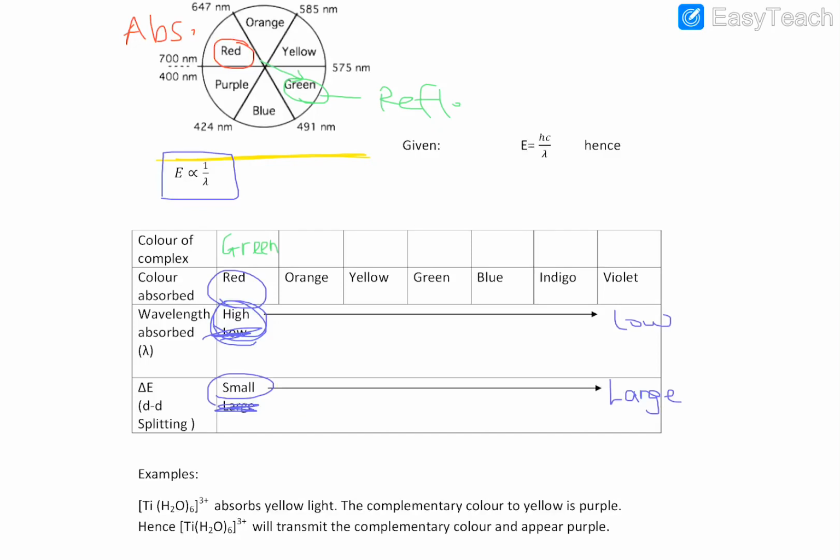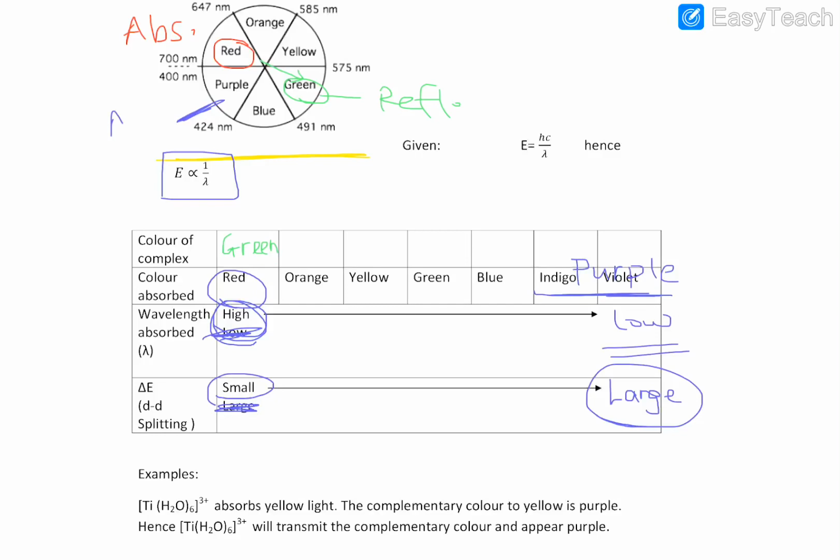And similarly, if you have large d-d splitting, it means that the wavelength is going to be small, and small wavelength of light absorbed is going to be purple or violet. So let's make that to be purple. So let's put these two to be purple. So it's going to be easier for us.